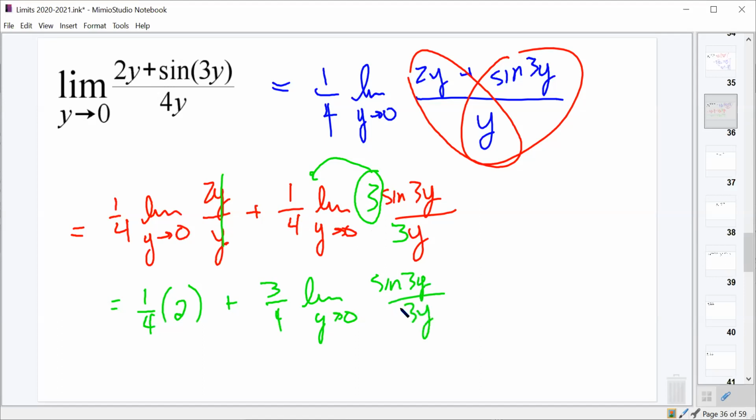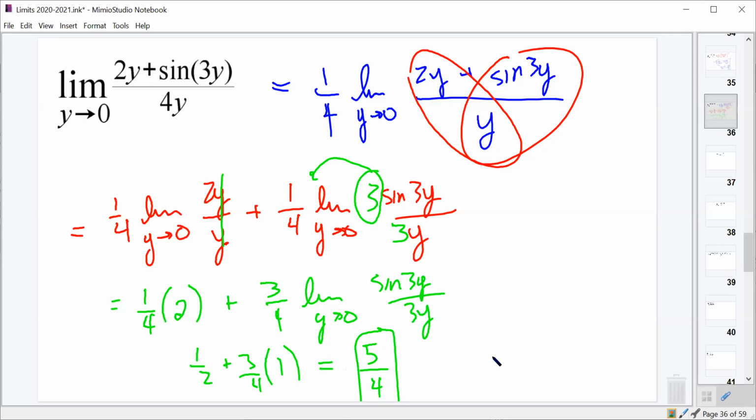And now pretty much we're done. 1/4 of 2 is a half, plus 3/4 of this limit, and that limit we know is 1. So all we got is a half plus 3/4, or 5/4. Any questions on that one?